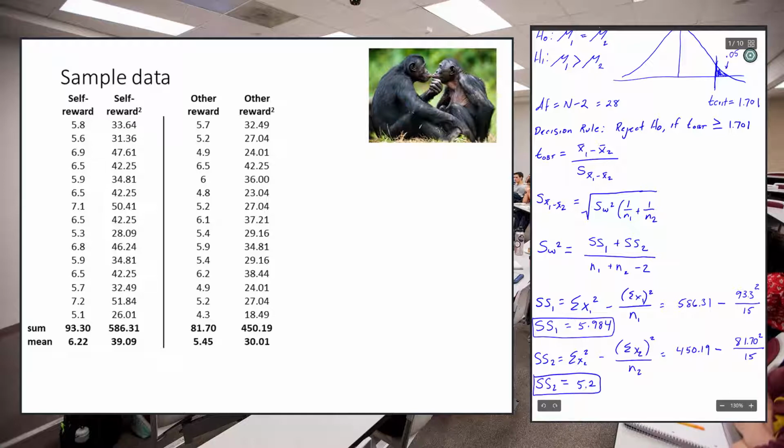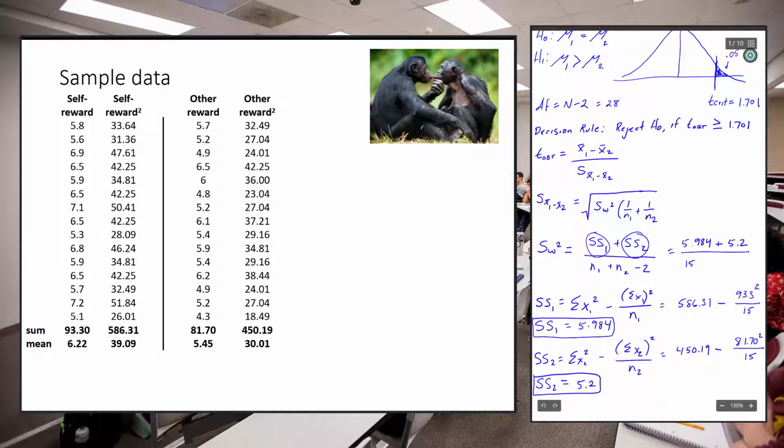Okay, so now that we have our sum of squares computed, we can plug them into our intermediate formula for the pooled variance, right? So basically, we're going to put our sum of squares here and our sum of squares for the second sample here. And so we're going to get 5.984 plus 5.2 divided by 15 plus 15 minus 2.